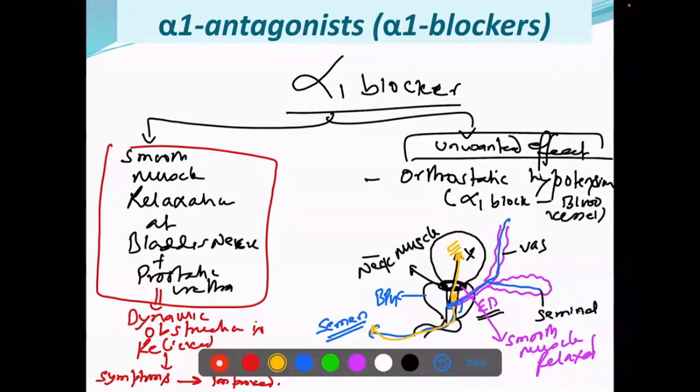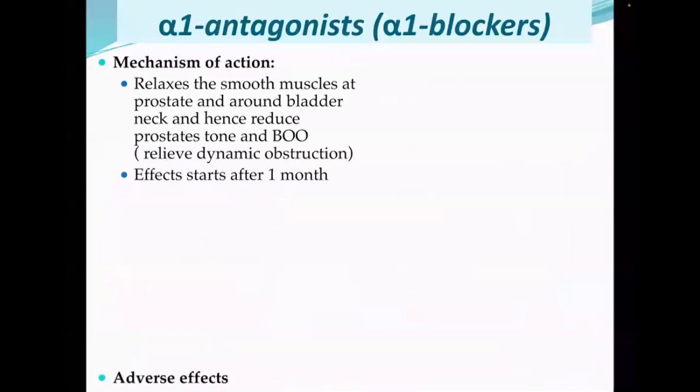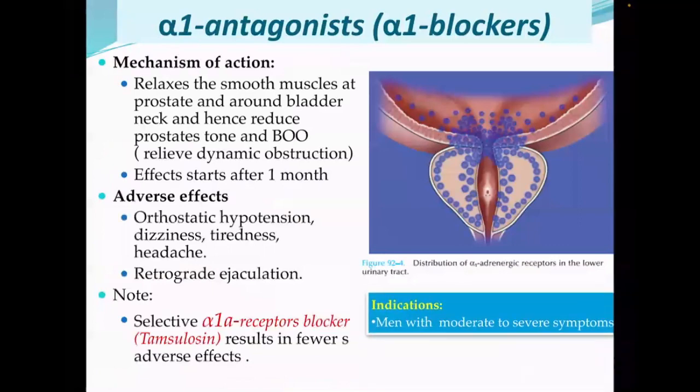So these are the complications of alpha-1 blockers. To reduce complications like orthostatic hypotension, we give tamsulosin. It reduces the incidence of hypotension, but retrograde ejaculation still persists. Alpha blockers show their effect within a few days. The maximum effect is shown within 1 month.